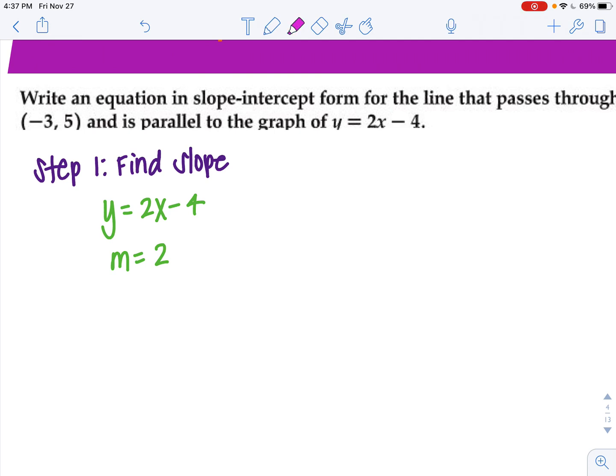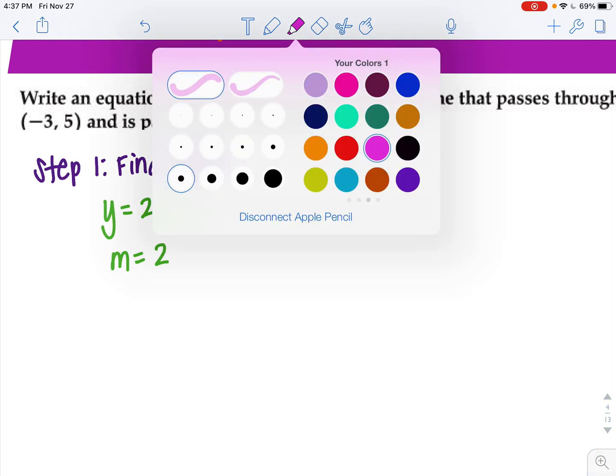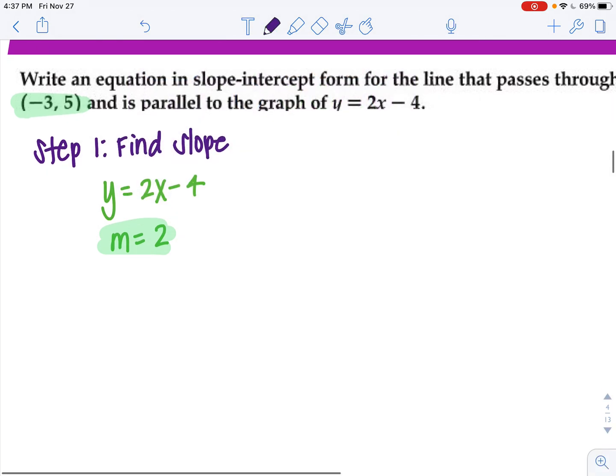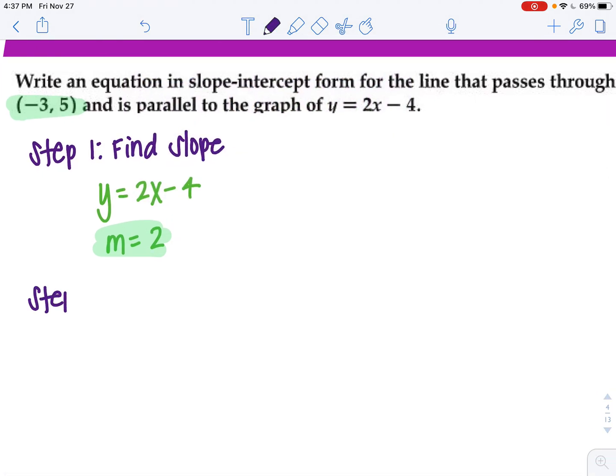Now, you have a point here, and you have a slope. So, your second step is to find the equation in point-slope form.